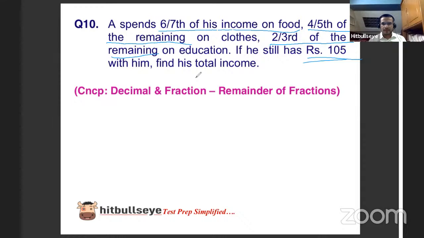Mudit, Riya, Simran, Ipshita, any answers? Amrit? Okay, Mudit is saying 250. Let's check, Mudit, if that is the right answer.